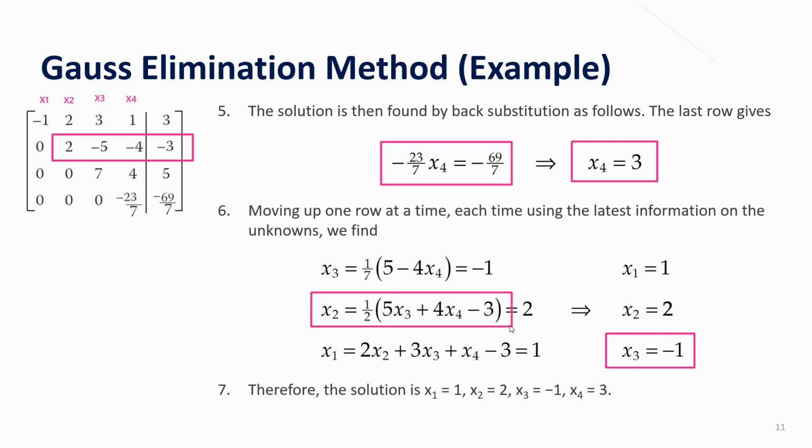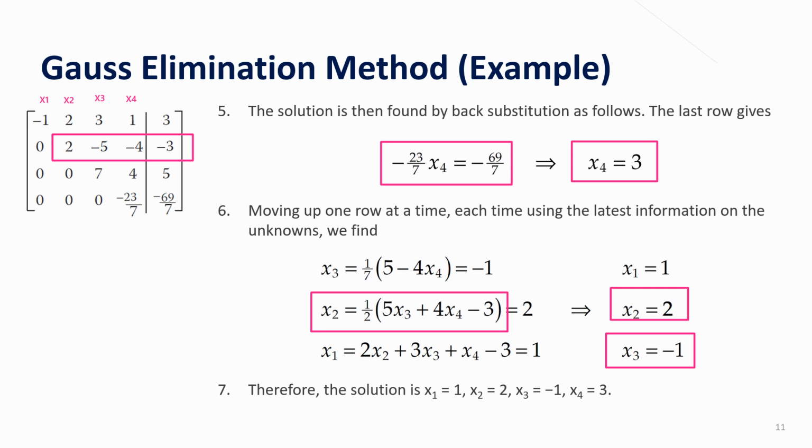So x4 is 3, x3 is -1, and then you try to sum it, and finally it should be x2 equals 2.